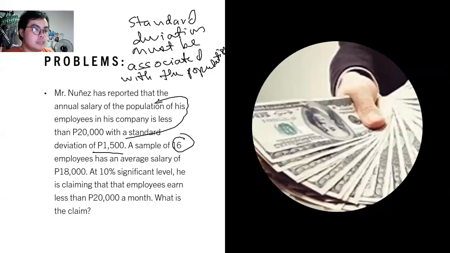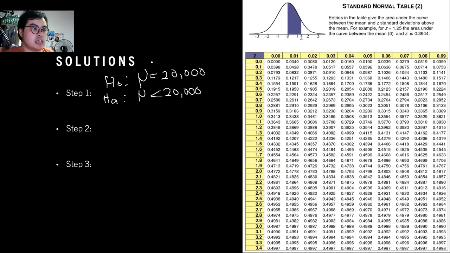So, kiniklaim kasi ni Mr. Nunez na less than 20,000 siya. Yung null hypothesis kasi, bakit equal siya? Kasi no difference siya. Opposite siya ng alternative kasi. So, pag hindi pasok yung Z value nyo sa rejection region, ibig sabihin, you have to accept the null hypothesis. Si null hypothesis kasi ay si YT, tapos si rejection the null hypothesis, si shaded.